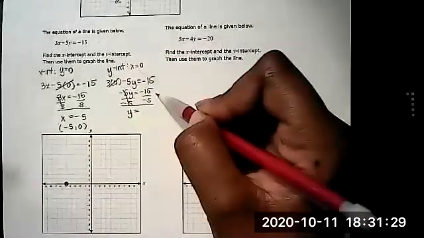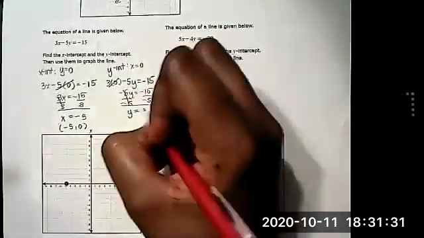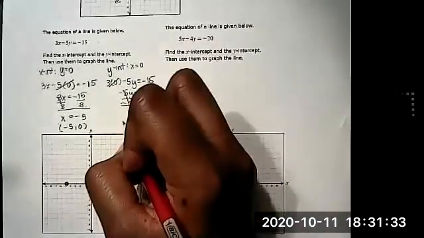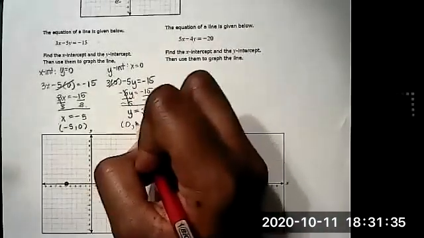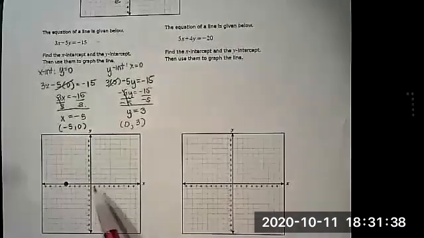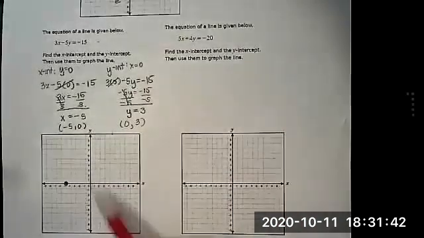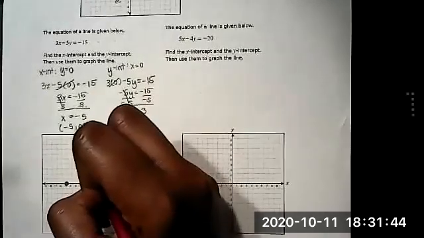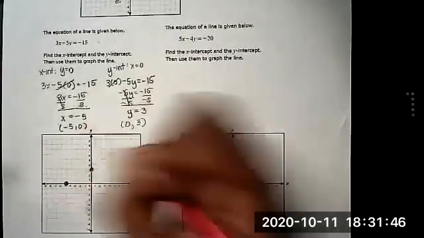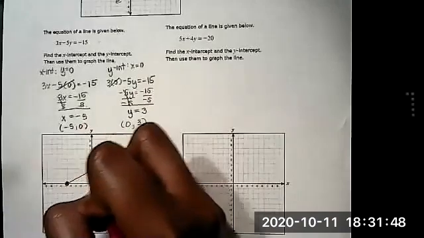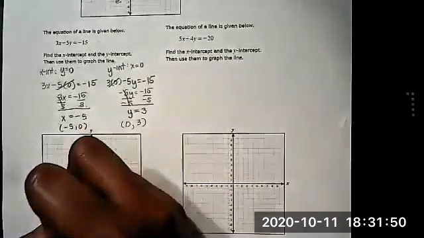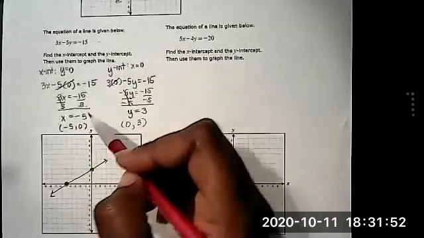Y is equal to negative 15 divided by negative 5, which is positive 3. So your y-intercept is (0, 3). So of course, you're on your y-axis for your y-intercept. So go up to positive 3, and that is your answer. Okay? So then draw a line. And that's what they want you to do for that one.